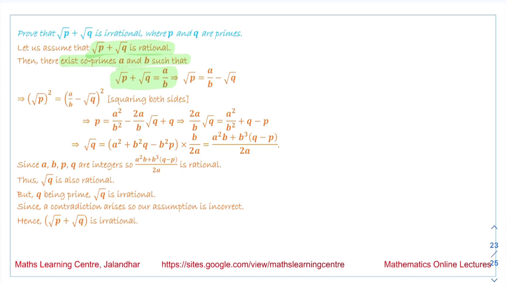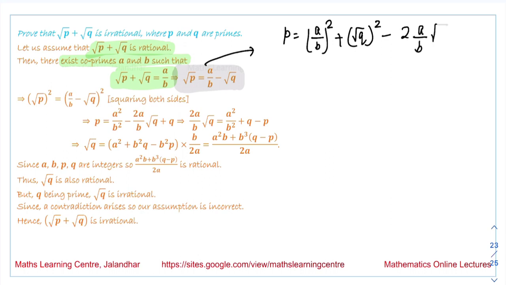Now we can adjust these terms, and we can write square root p is equal to a by b minus square root of q, and when we square this equation, we get p is equal to (a by b) square plus (square root of q) square minus 2 times a by b into square root of q. So this gives us 2a by b times square root q is equal to a square by b square plus q minus p.